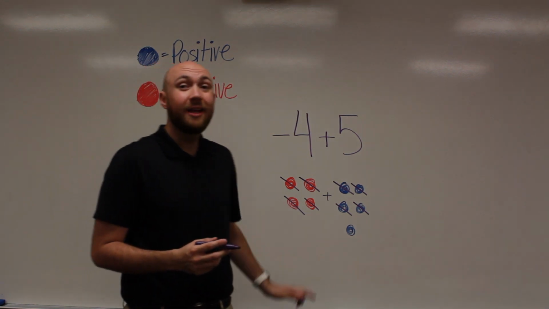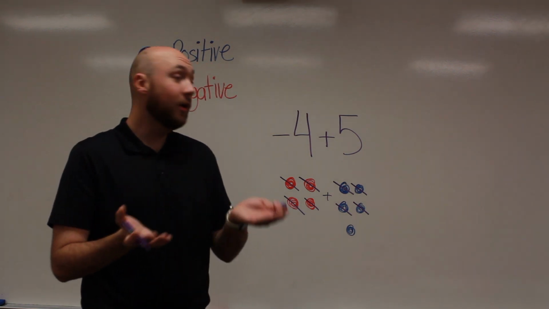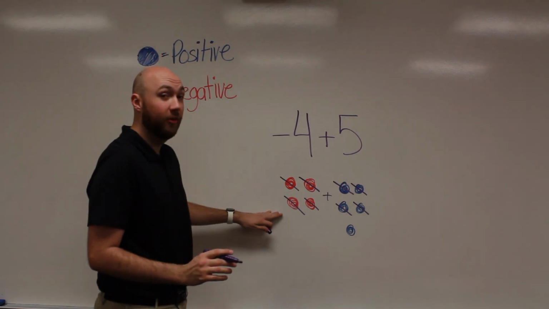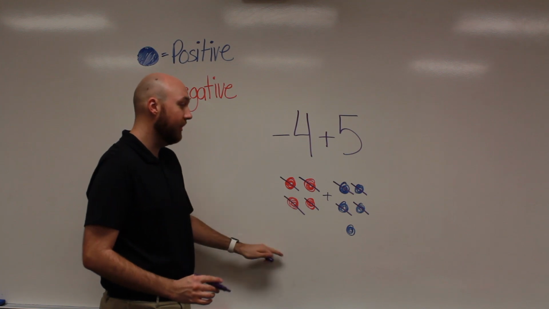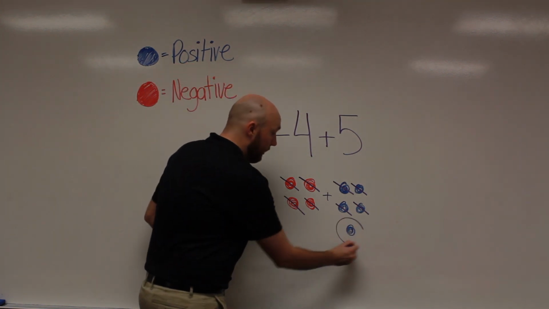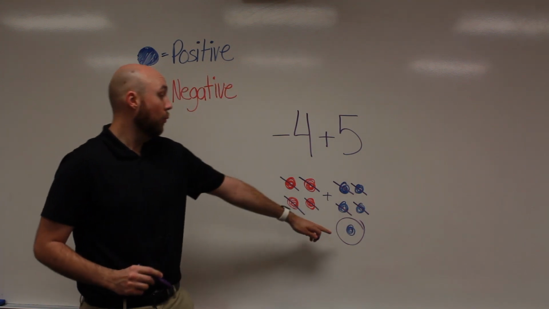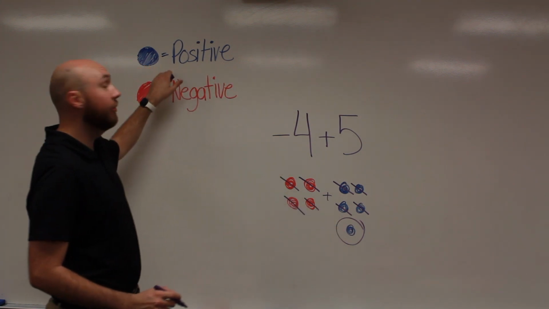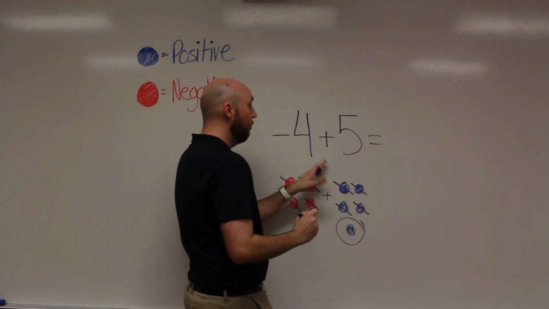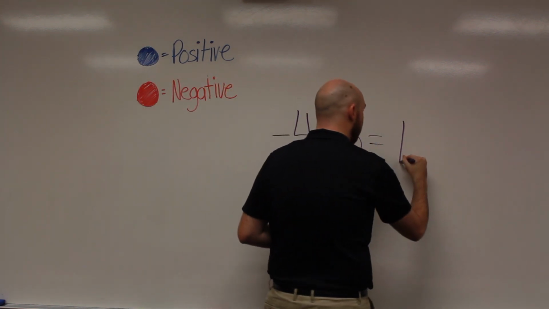We're going to keep doing this until one of our colors is all crossed out. For this problem, all of my negatives are crossed out and I'm left over with 1 blue dot, which means it's a positive 1. So the answer to -4 plus 5 is positive 1.